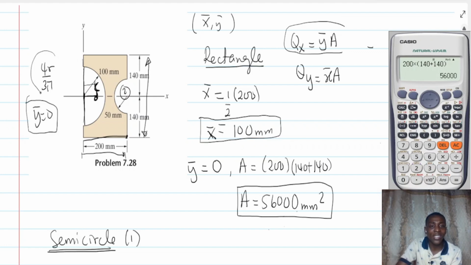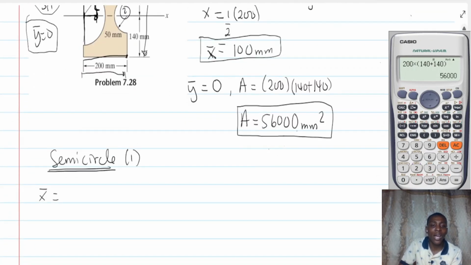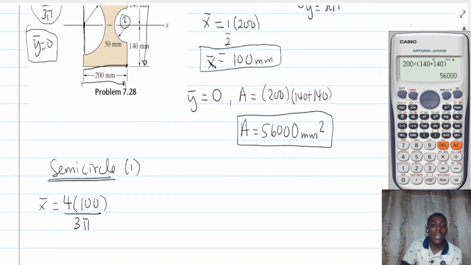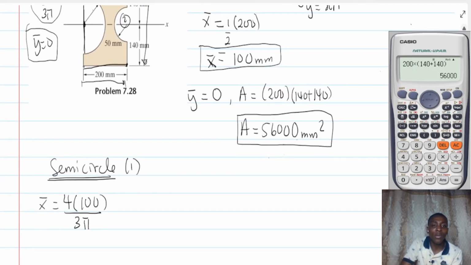Whenever you have a semicircle, the center coordinate from the base can either be horizontal or vertical, but this one, the base is vertical. So that distance to locate the center is at a certain distance from the base, which is given by 4 multiplied by the radius divided by 3 pi. For this one, the radius is 100. So 4 multiplied by 100 divided by 3 pi. If you do this, you get the x bar, the distance from the origin to the centroid.